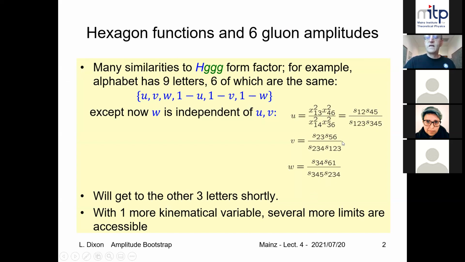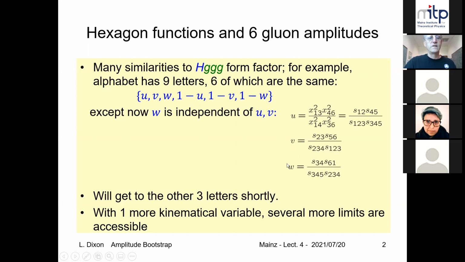So it's better to take ratios. If we take U and divide by V and W, you'll see that the S123 here will cancel that S123, and the S345 will cancel this S345. All we'll be left with is a pair of S234s in the numerator when we divide U by V and W.